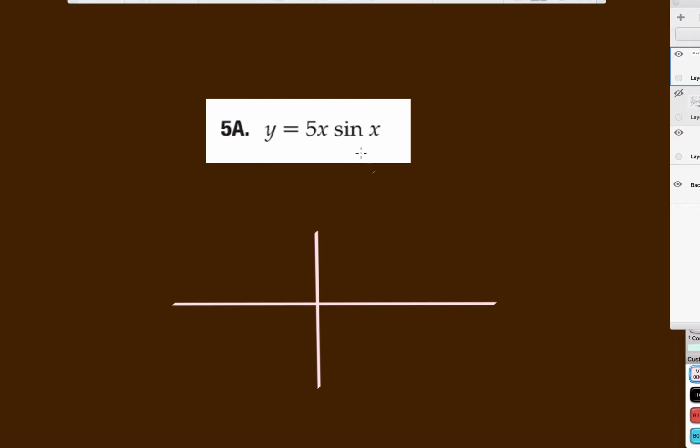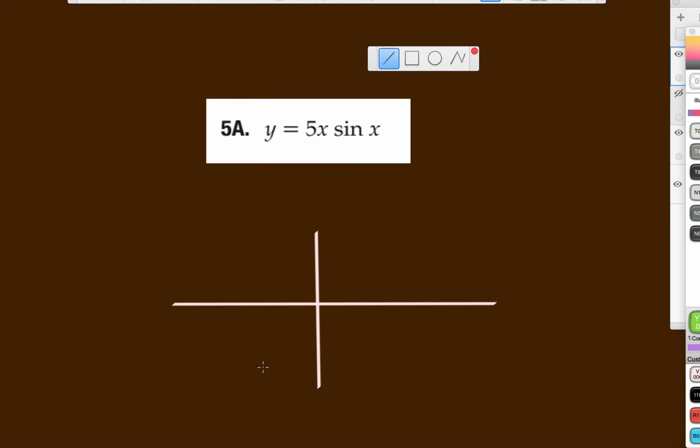We'll go to actually looking at sine x. Well, sine x is just that simple wave, right? But the first thing you need to do is go ahead and graph this, let's use that color.